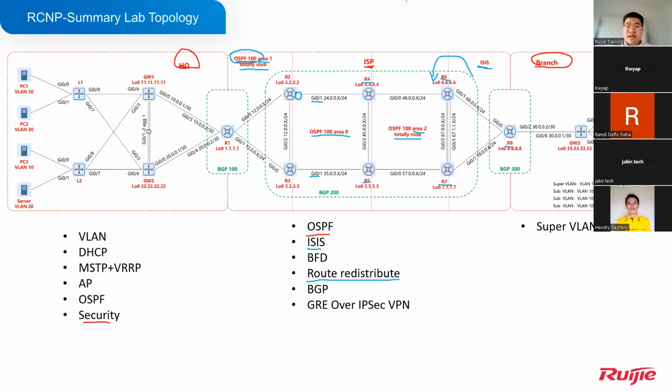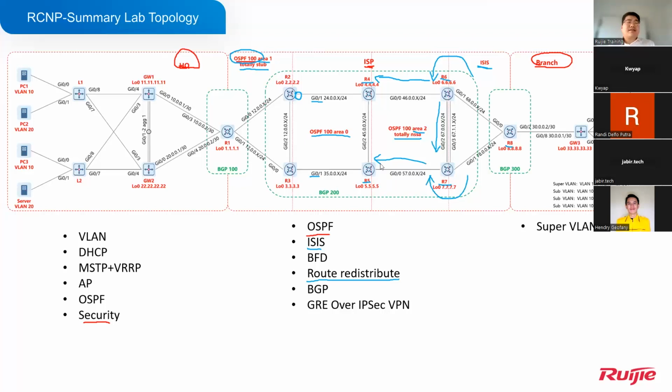In this case, R6 will forward these routes to its OSPF neighbors. We'll send it to R4 and R7, and on R7 we should also import ISIS into OSPF, so it will also be shared with the neighbors. In this case, all the OSPF neighbors can learn these ISIS routes.